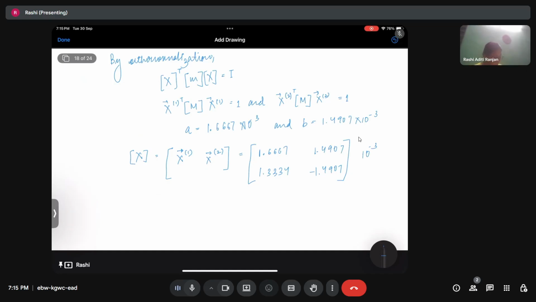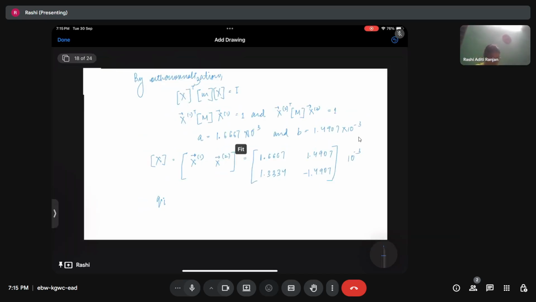Okay. Now, the main thing is finding out qi, which in this case will not depend upon the initial conditions, because both the initial conditions are equal to 0. It will just depend upon the forcing. See, look over here at what we did in the previous question.